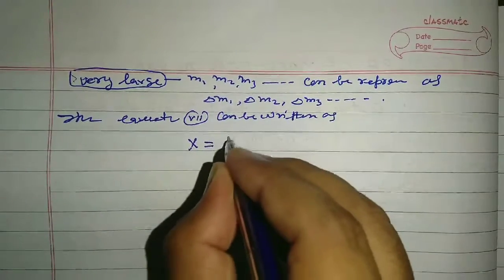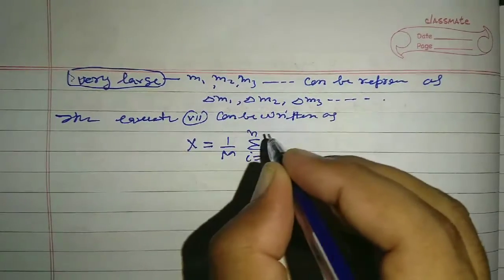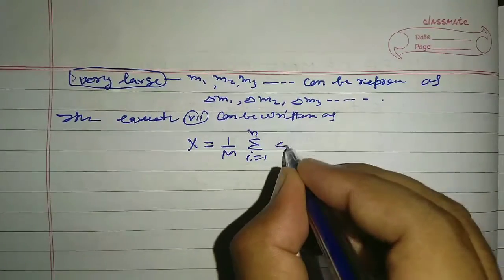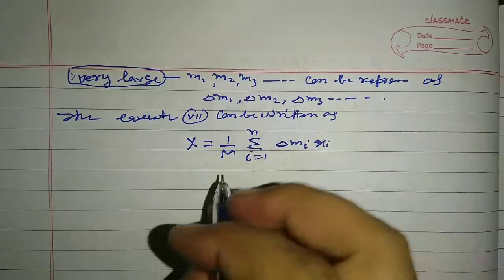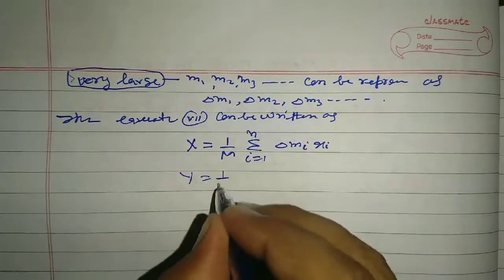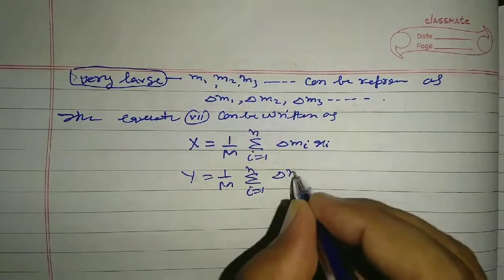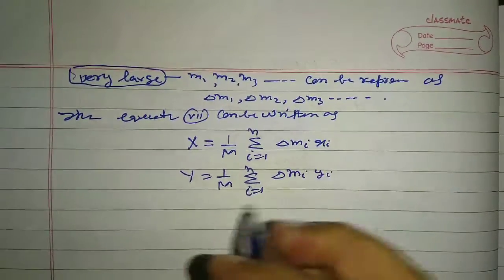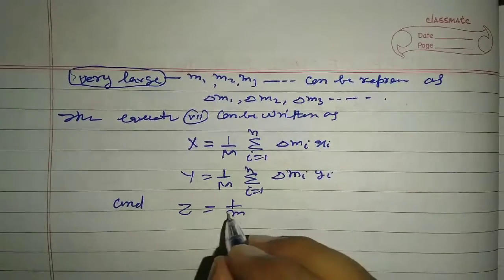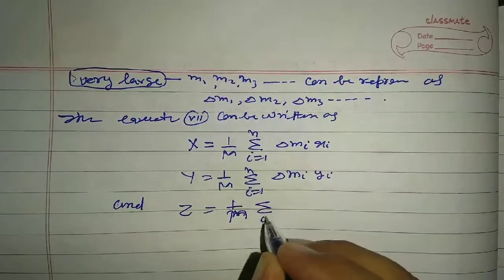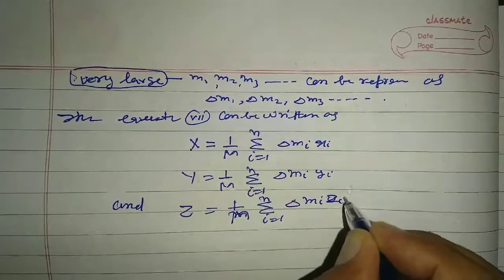Capital X is equal to 1 by M summation i is equal to 1 to n delta mi xi, Y is equal to 1 upon M summation i is equal to 1 to n delta mi yi, and Z is equal to 1 upon M summation i is equal to 1 to n delta mi zi.